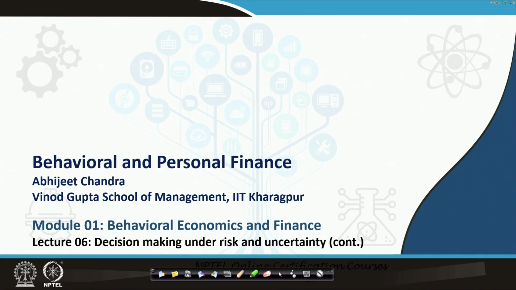Welcome back. Continuing from the previous discussion on expected utility theory and risk aversion, we will discuss more about different examples where we incorporate risk aversion and a related concept known as certainty equivalent.